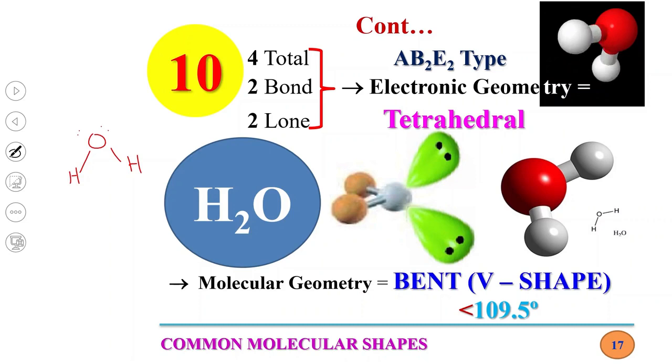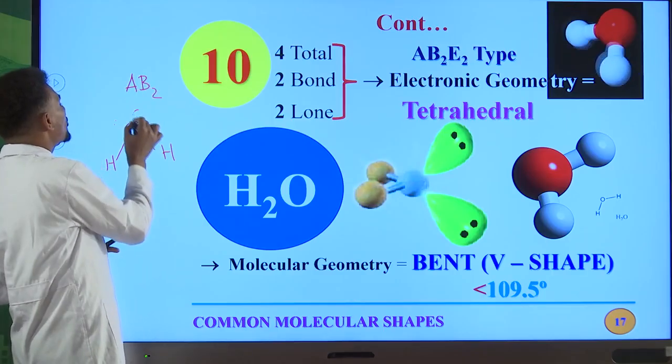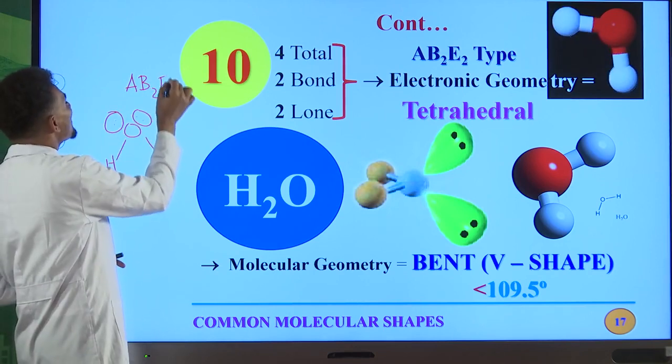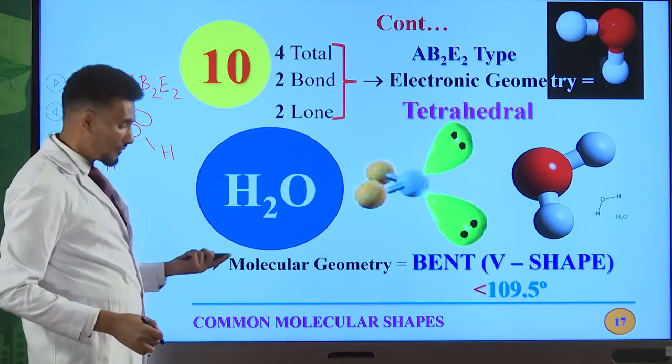So this is the Lewis structure for the water molecule. Oxygen is the central atom, so that is A, and we have 2 terminal atoms, the hydrogen atoms, that is B2, and we have 2 lone pairs of electrons, E2. So this is AB2E2 type.